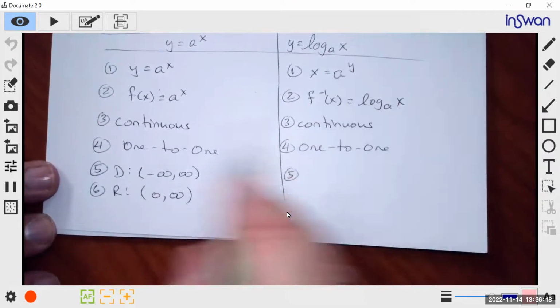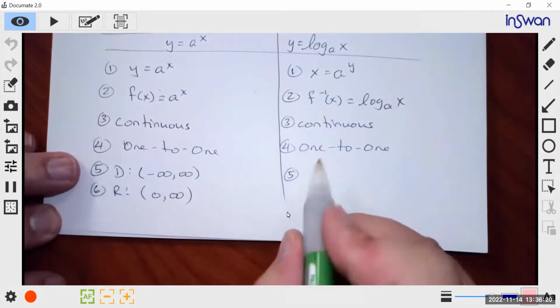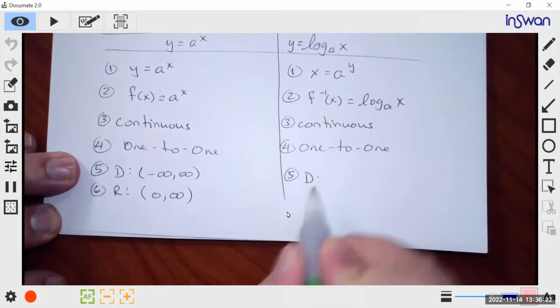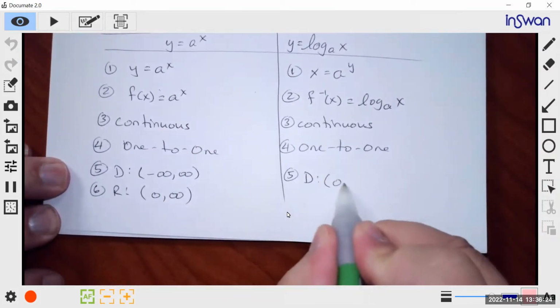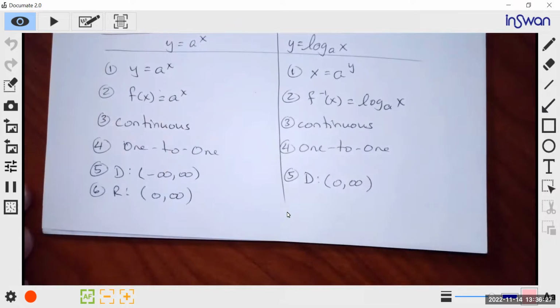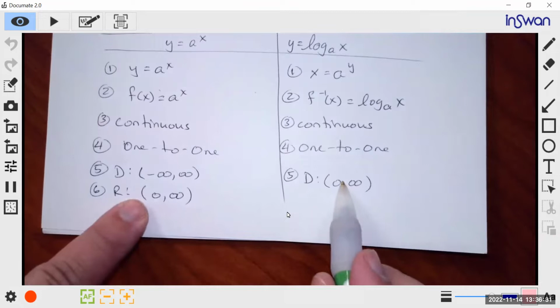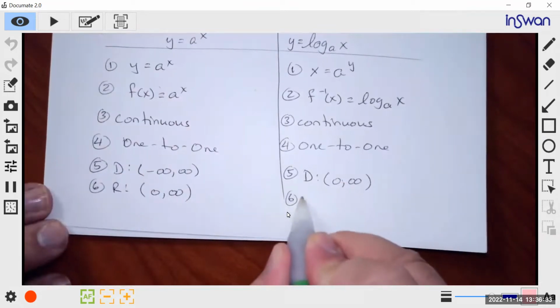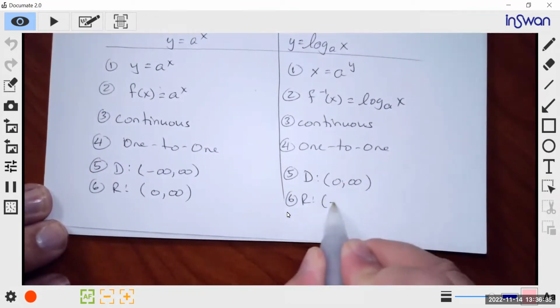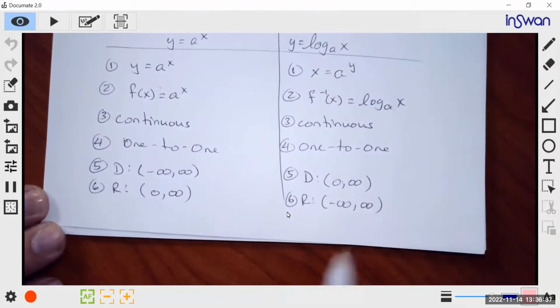Now the logarithms, remember, they're inverses. So the domain of the inverse is the same as the range of the regular function. So these two have to be equal. That means the range of the inverse is from negative infinity to positive infinity.